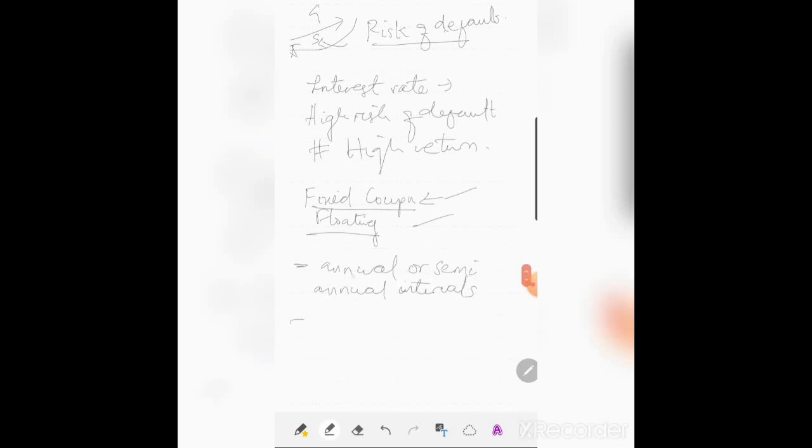So when I talk about a zero coupon bond, it's just a special case where the coupon is equal to 0.